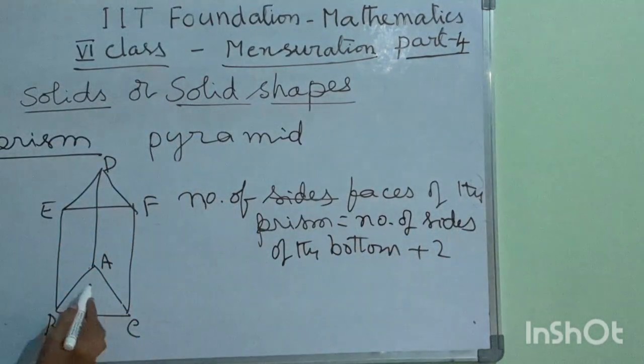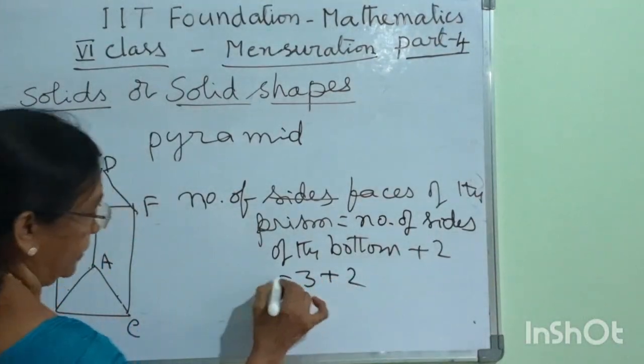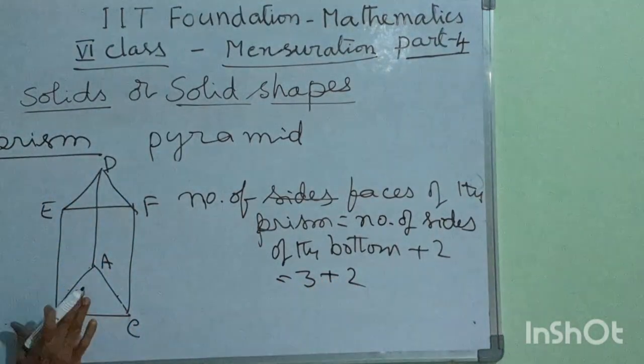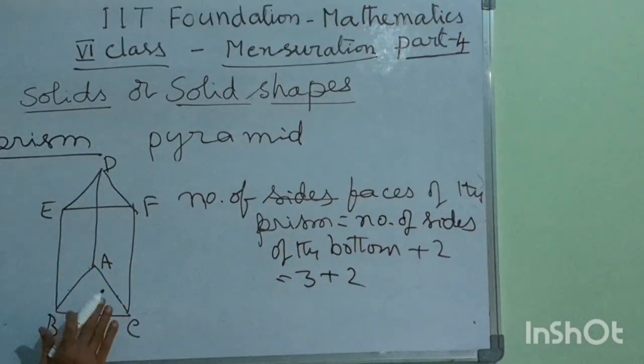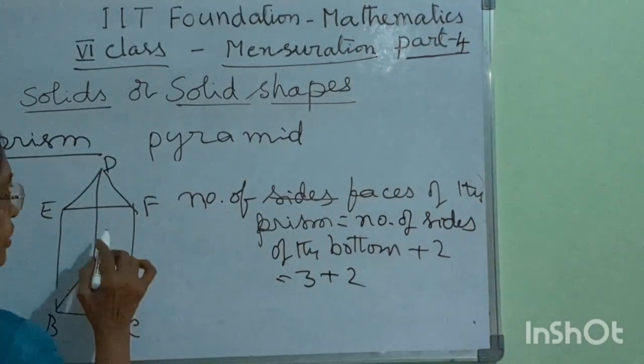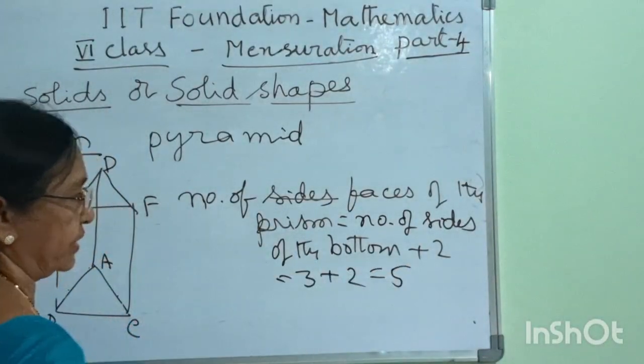It is a triangular bottom, therefore 3 sides plus 2. See, top and bottom are 2 and the lateral sides are 3. So for a triangular prism there are altogether 5 faces.